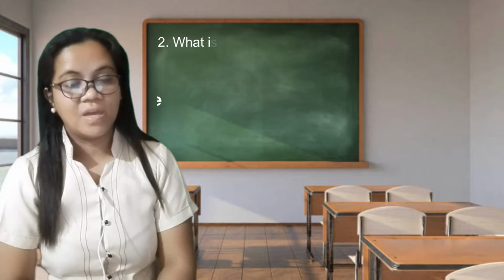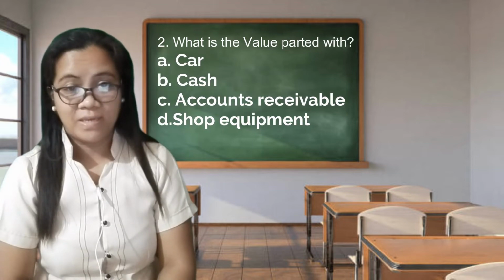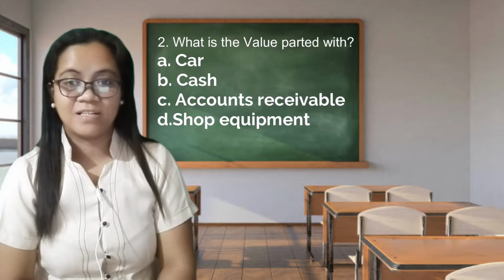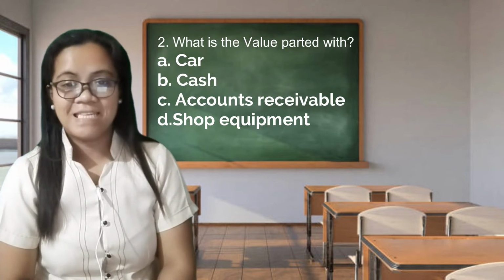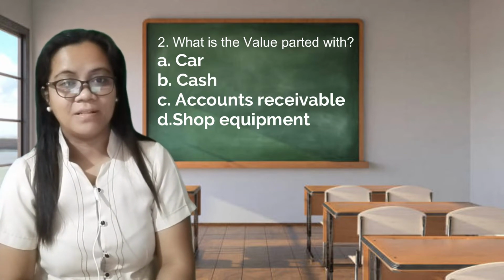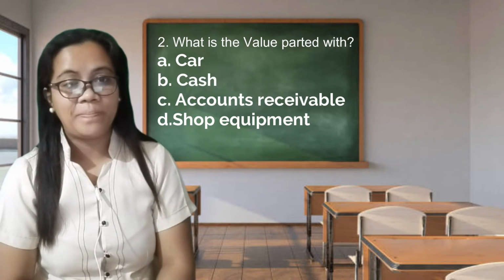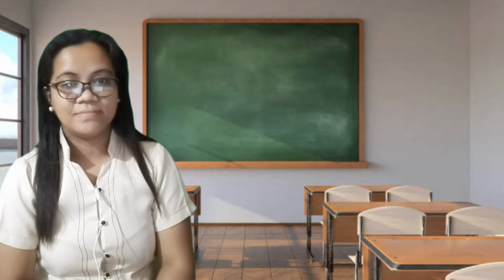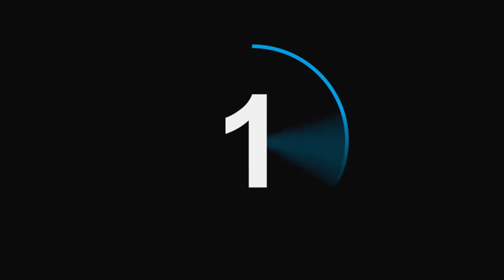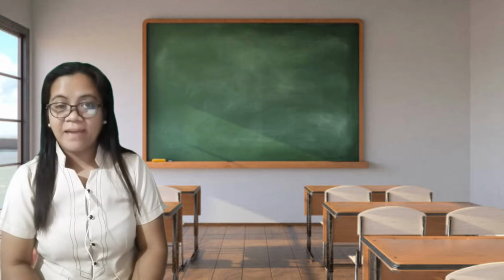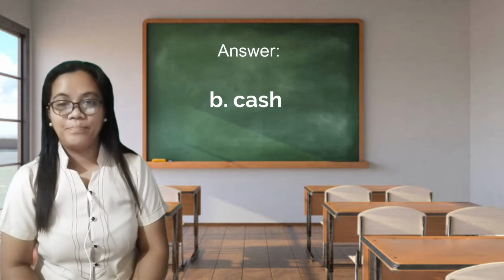Number 2. What is the value parted with? A. Car. B. Cash. C. Accounts receivable. D. Shop equipment. The correct answer is B. Cash.